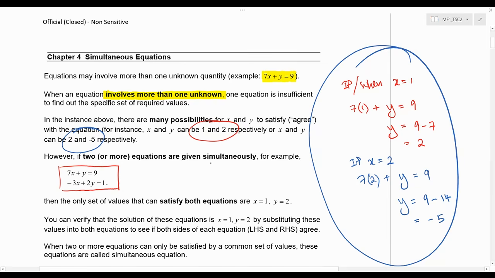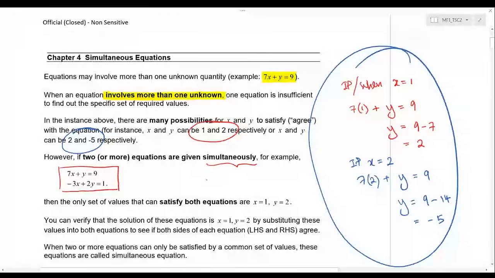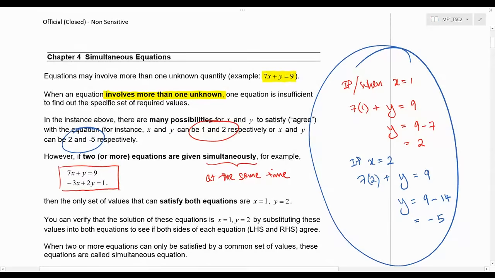If they are given simultaneously, and simultaneously just means at the same time, then we'll have the ability to solve both of them, such that there is only one set of solutions that satisfies both equations. This is the basis of solving simultaneous equations, and this is the most basic.